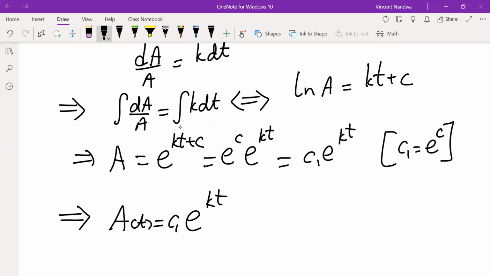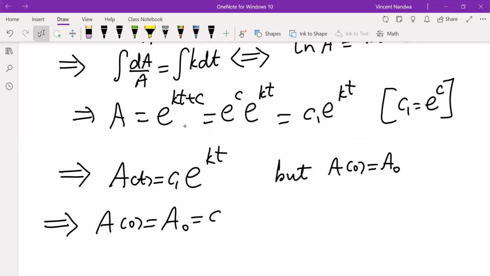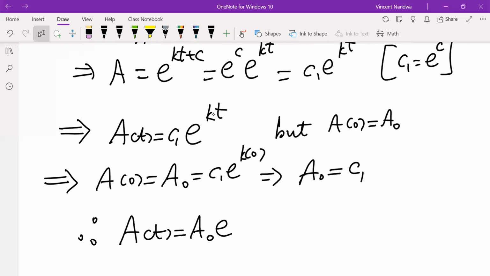But A at 0 is A naught, so A naught is C1 times e to the k times 0, which implies A naught is C1. Therefore, the solution of the initial value problem is A of t equals A naught e raised to power kt.